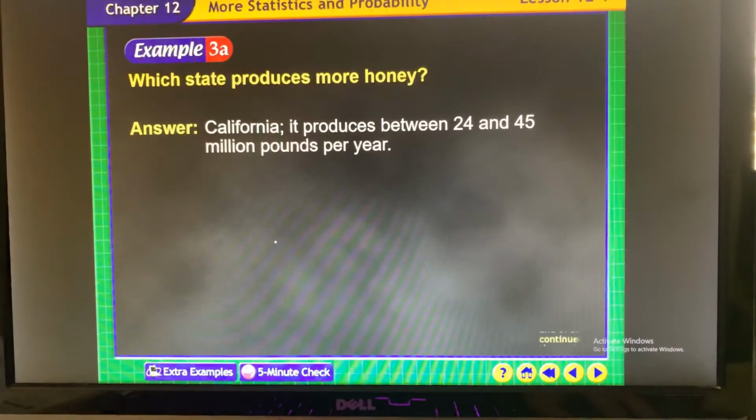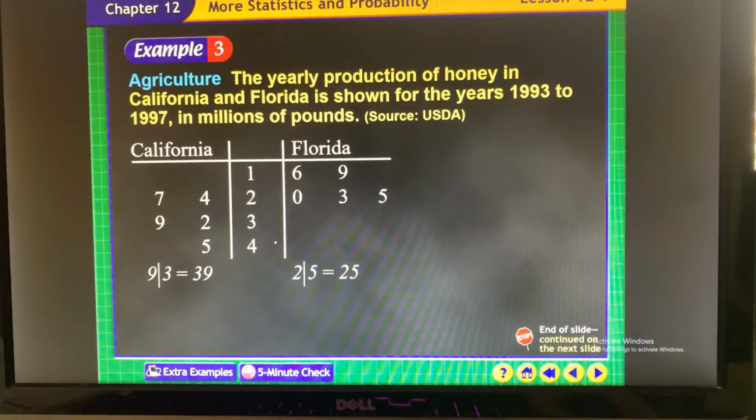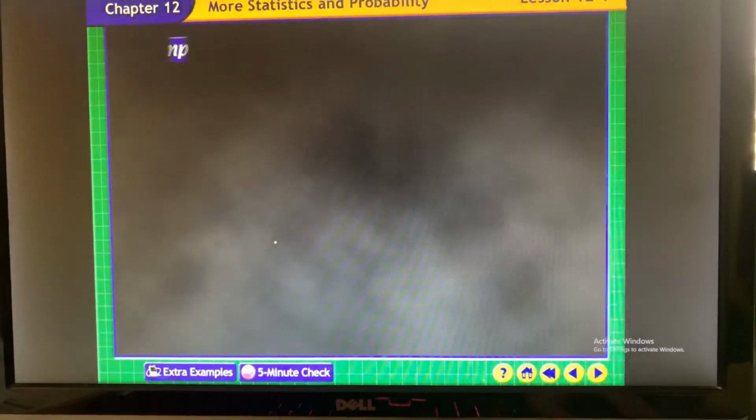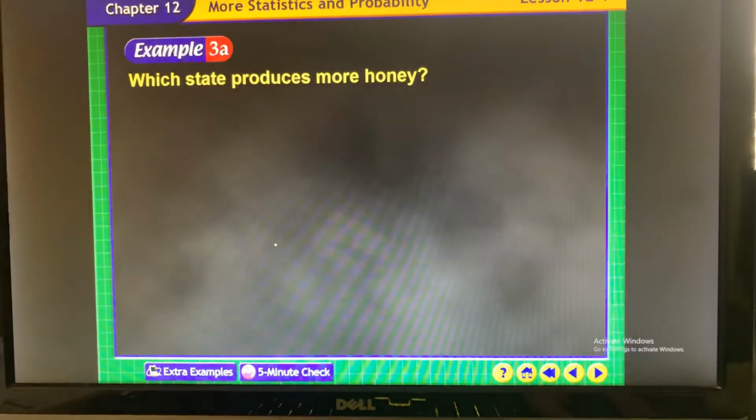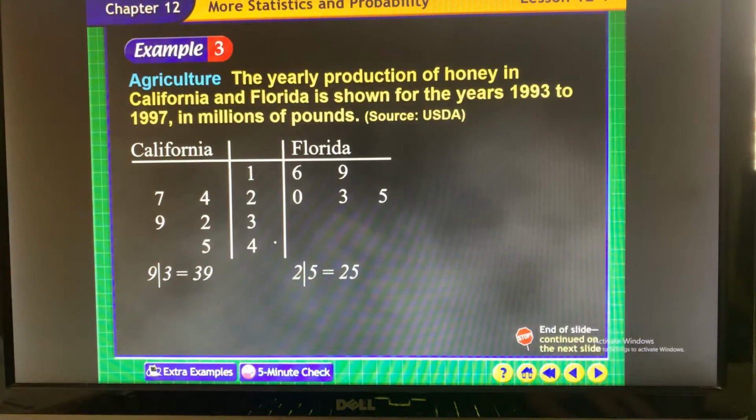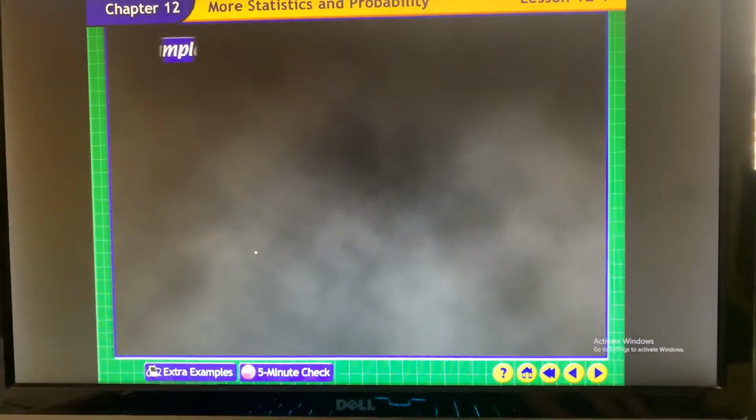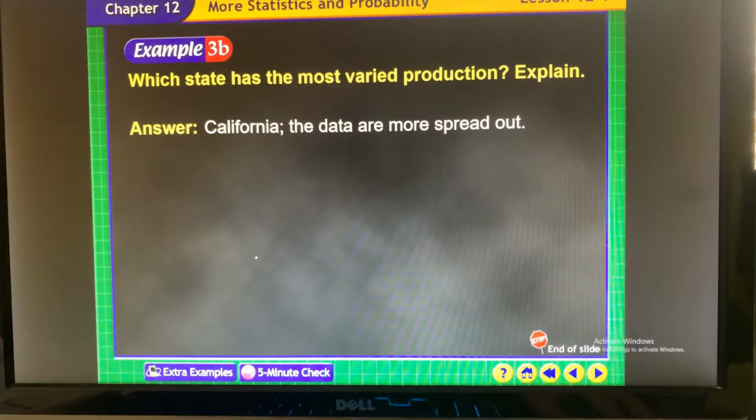If you looked at that stem and leaf, obviously California did. And then the next question would be, which state has the most varied production? If you look back at it, Florida does 16 to 25. California does 24 to 45. So again, California has the biggest spread.